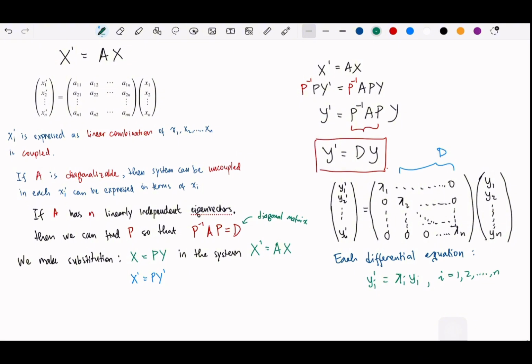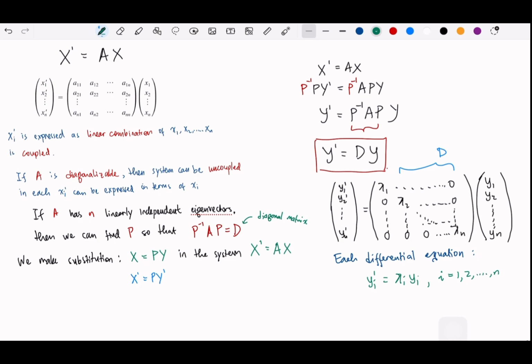Remember, in the homogeneous system, our solutions are typically the exponent, right? The exponent with power of eigenvalue times t. So we could write the same solutions when we get this eigenvalue. So we could offer a solution that is y equals a constant multiplied with the exponent.